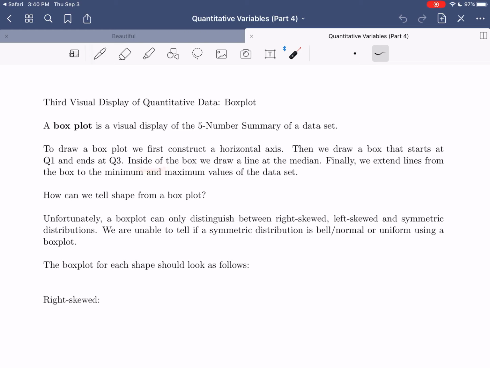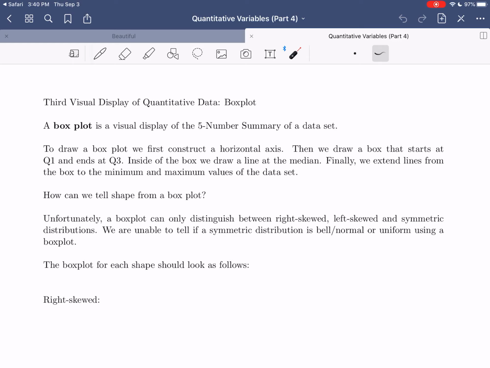Inside of the box, we're going to draw a line at the median. So there's going to be a box that goes from Q1 to Q3, and then a line somewhere in between at the median. Finally, we extend lines from the box to the minimum and maximum values of the data set. So notice that the 5 things that you need to draw a box plot are the 5 numbers in the 5-number summary.